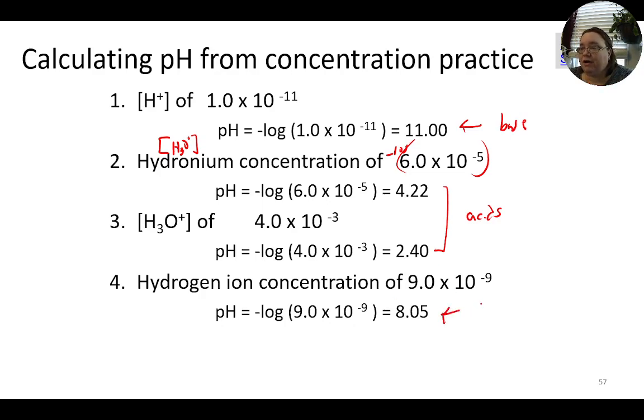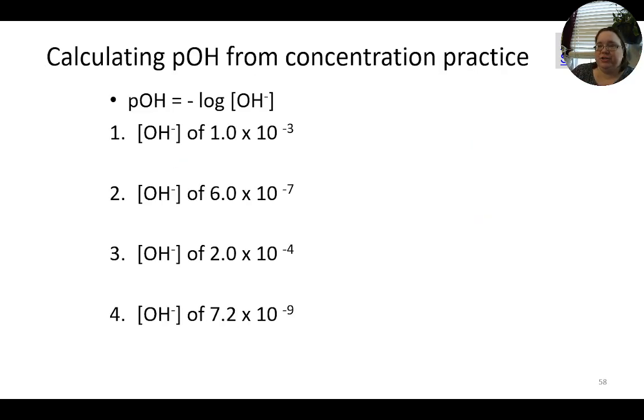So negative log 9.0 times 10 to the negative 9. Right. So hydroxide ion concentration. Same thing. Negative log of the number. What you want to be mindful of is when you're doing your problems, make certain that you're writing the correct p.